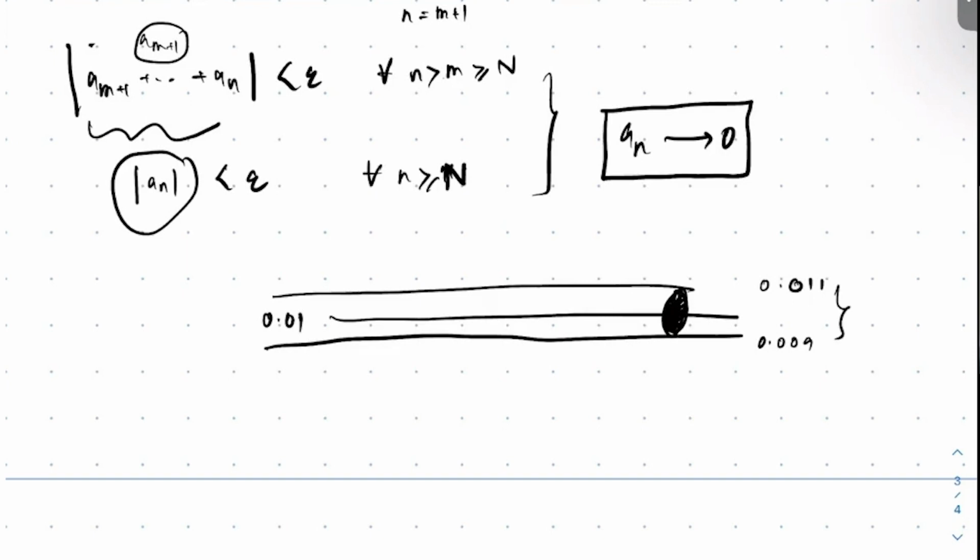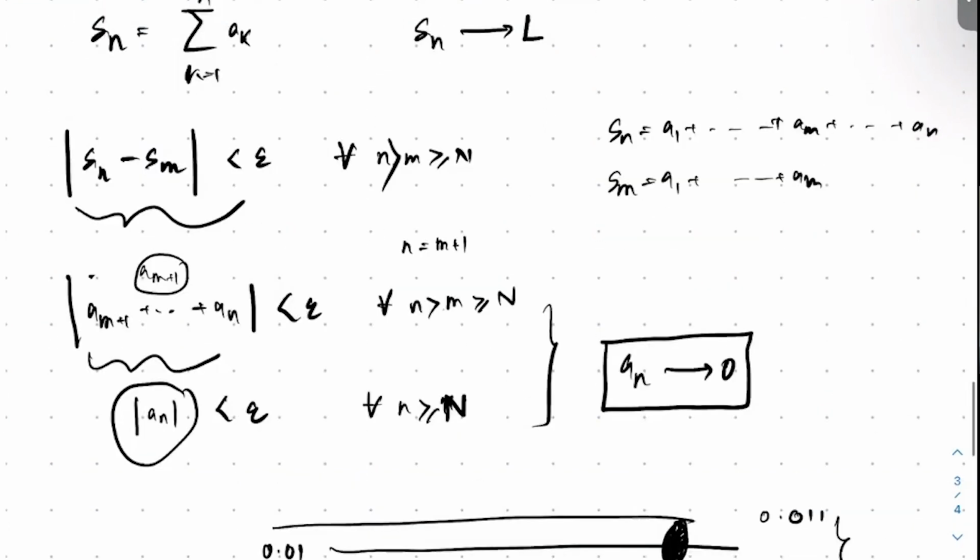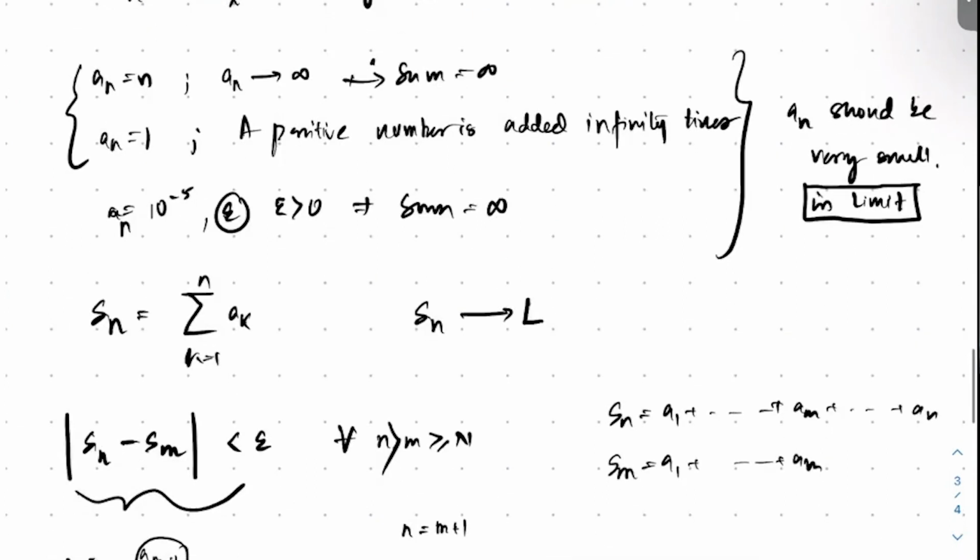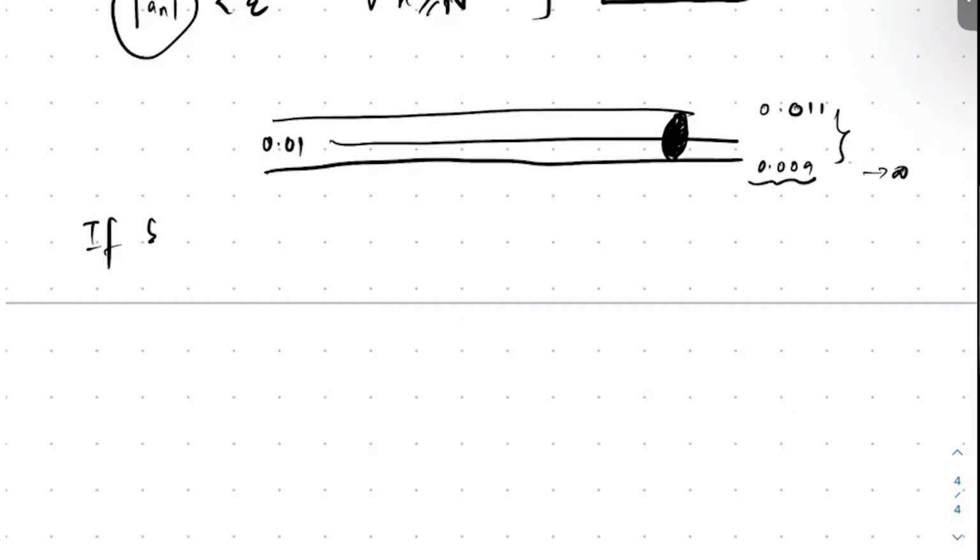After a certain time point, all of them will be lying in that. Hence, all of them after a certain point will be greater than a very small number. There will be infinitely many of them, so the sum will be going to infinity. Therefore, it must go to 0. It doesn't mean the other way around. It means that if the series of an converges, then an must go to 0, not the other way around.